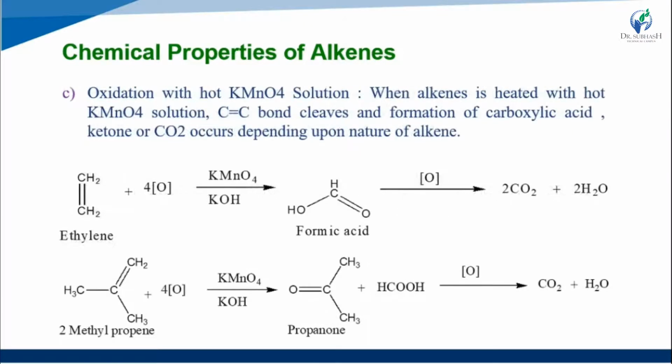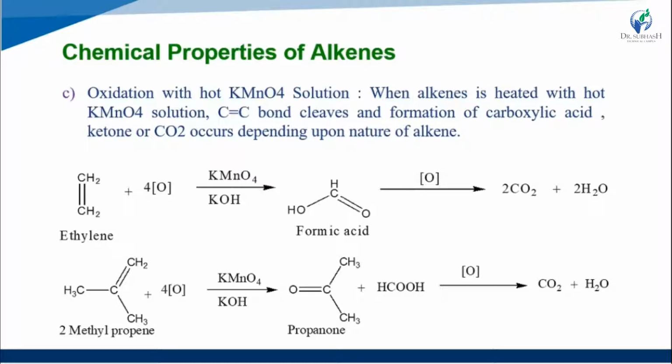Now we study the oxidation process with hot KMnO4. When the alkene is heated with hot KMnO4 solution, the carbon-carbon double bond is cleaved, with formation of carboxylic acid and ketone or CO2, depending upon the nature of the alkene. Cleavage is like breakdown of the bonds.